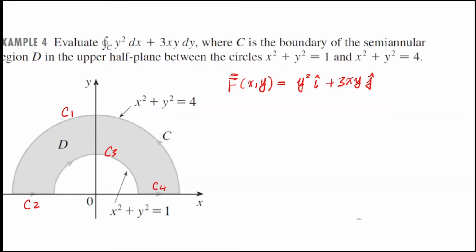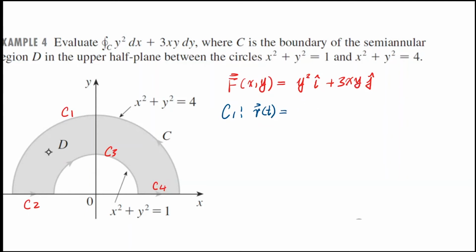Okay? Okay, then we'll do C1. C1 path, this path right here. Okay, let's come up with, oh, did I say vector function? I meant vector field. This is a vector function.